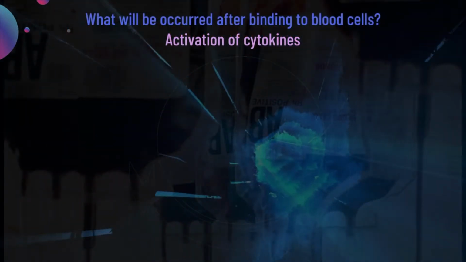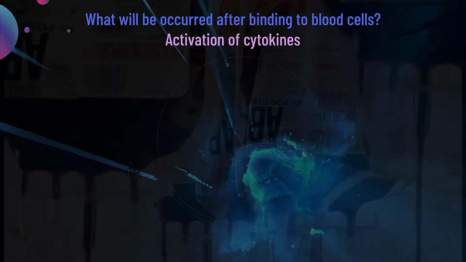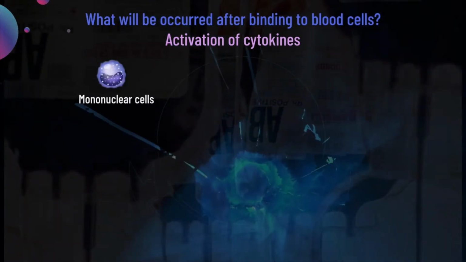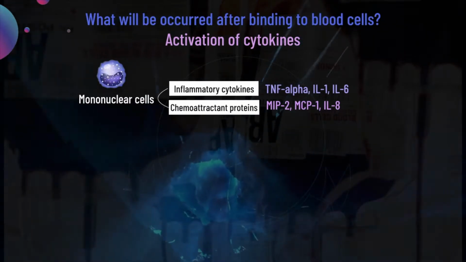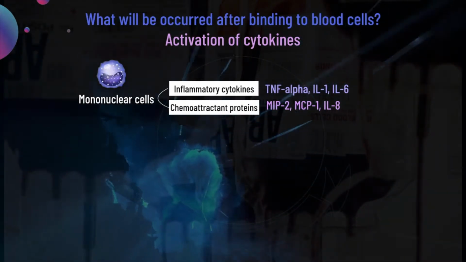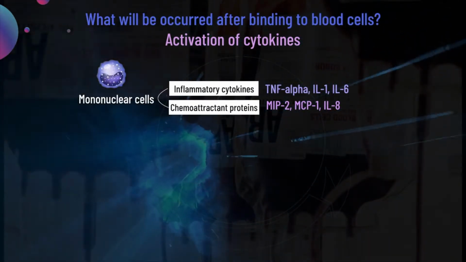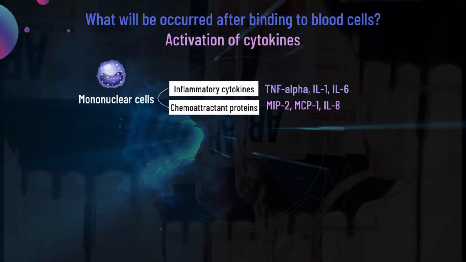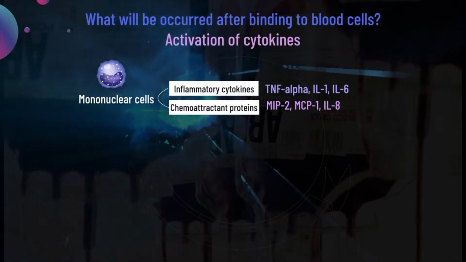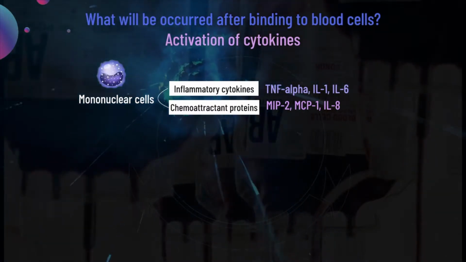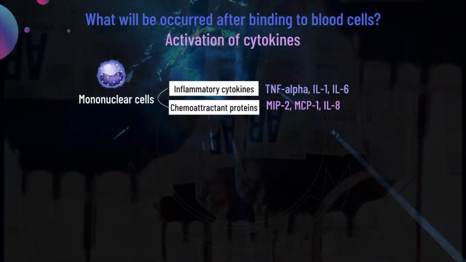What will happen to blood cells after binding to anaphylatoxin? First, mononuclear cells. After binding, mononuclear cells will be activated and induced to release two groups of cytokines. The first group is inflammatory cytokines that can cause inflammation. They are TNF-alpha, IL-1, and IL-6.